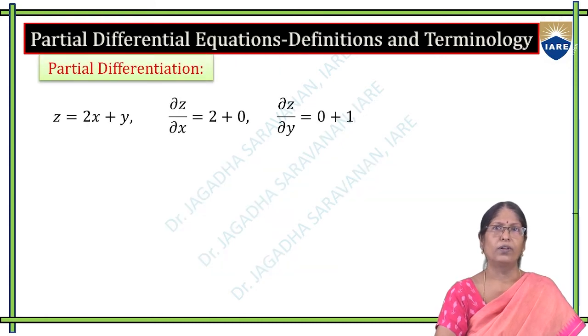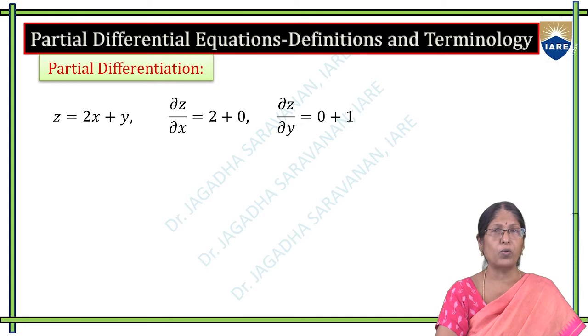Now, what is the difference between differentiation and partial differentiation? Practically we can see that. Suppose in the case of partial differentiation, how is it defined? Now X and Y are there. X and Y are playing the role of independent variables.